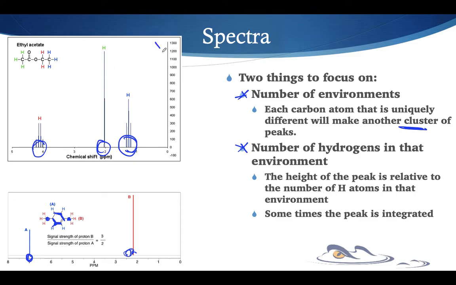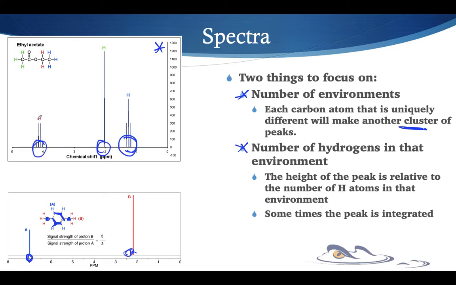This spectra up here is not integrated, okay? This is a classic spectra right here. And you'll see that with a classic spectra, you have many lines, right? It's not just one line, it's like many lines that make up each of these clusters of peaks. This is just one peak, but it's like a cluster of peaks, isn't it?